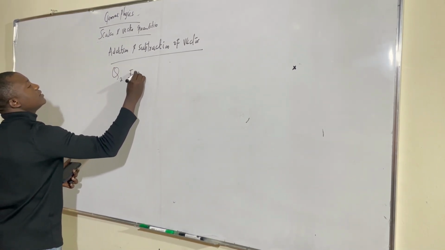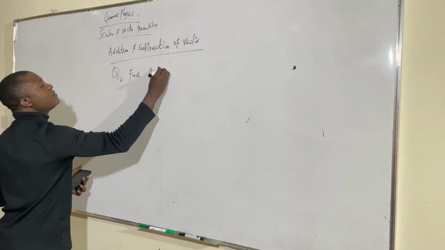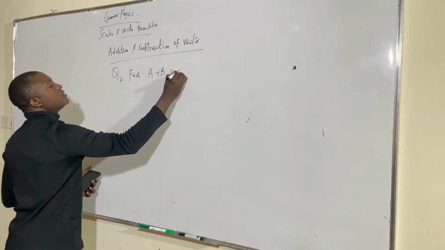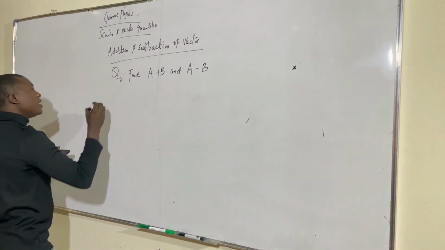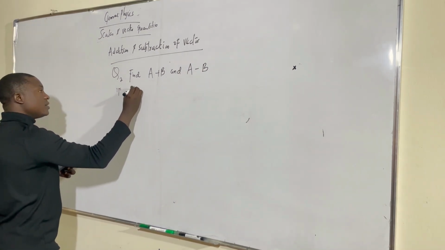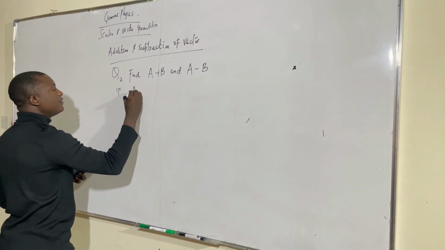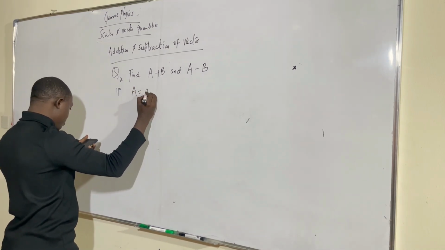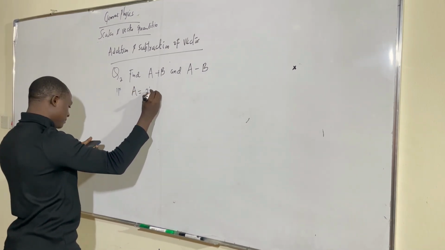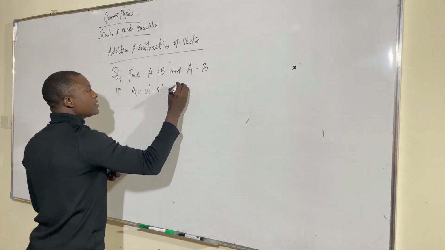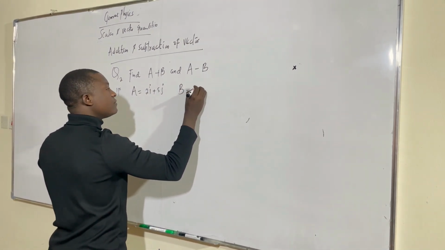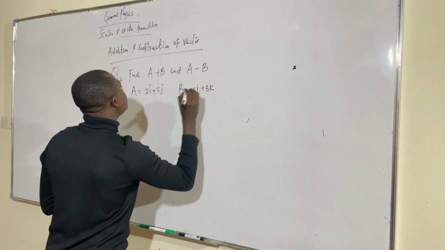Find a plus b and a minus b if vector a is equal to 2i plus 5j and vector b is equal to 5i plus 3k.